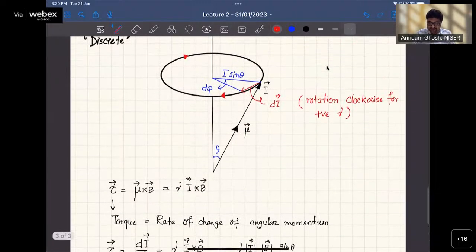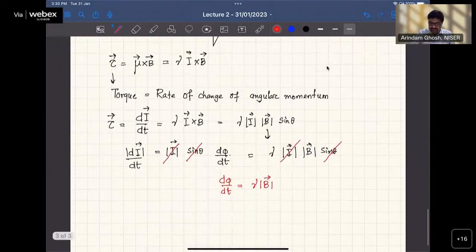The d phi/dt is the rate of change of this angle, and that is angular velocity, correct? So this d phi/dt is nothing but the omega, the change of angle. Like linear velocity is rate of change of position, similarly, angular velocity is rate of change of angle. So this d phi/dt is the rate at which this tip is moving.